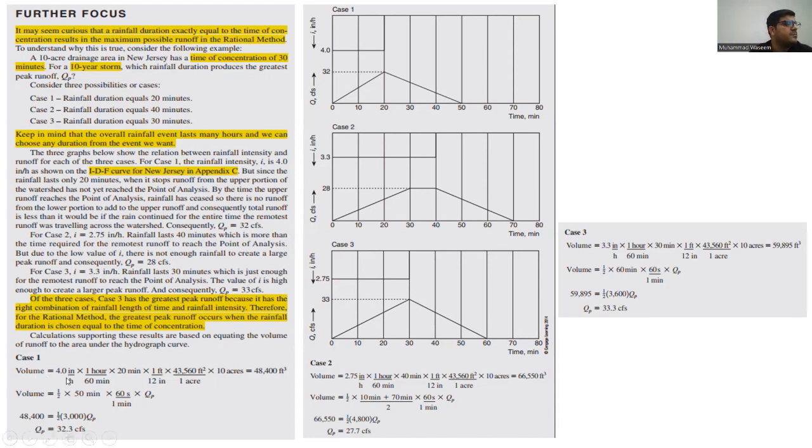Our intensity is 4 inches per hour, and we change the hour into 60 minutes, and the rainfall duration is 20 minutes.